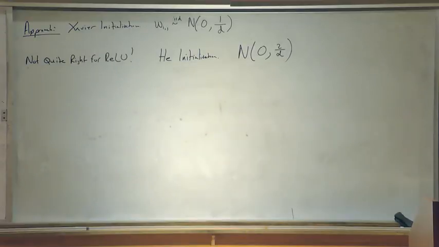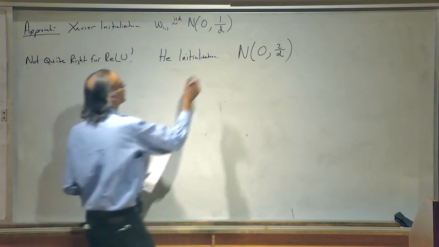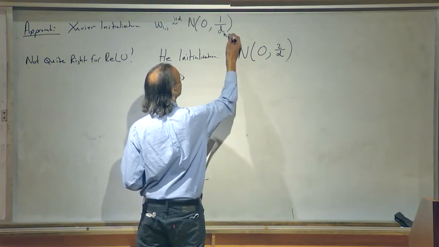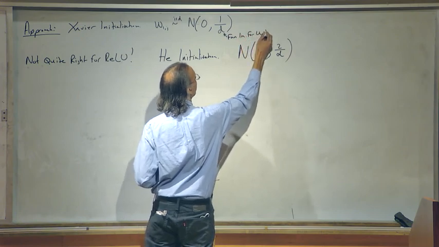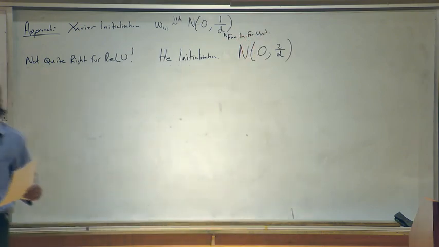Yeah, question. Is it d for each layer that you're going through, or d like the y is pointing here? Yes, great. This d is the fan-in per unit. So all the weights are connecting into something.